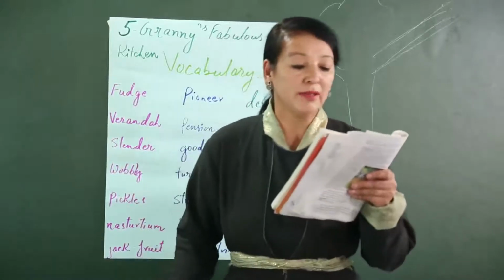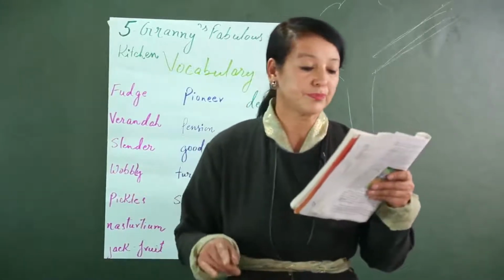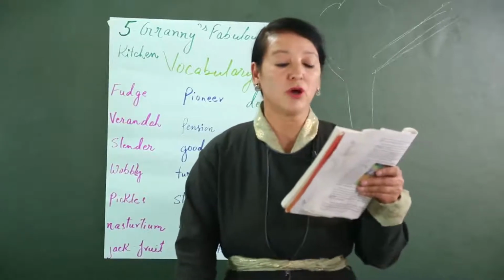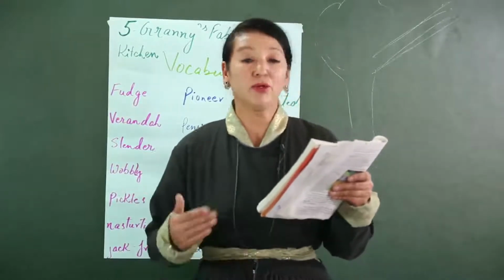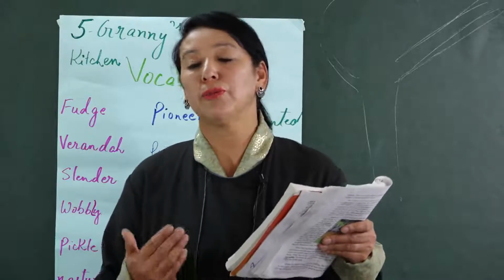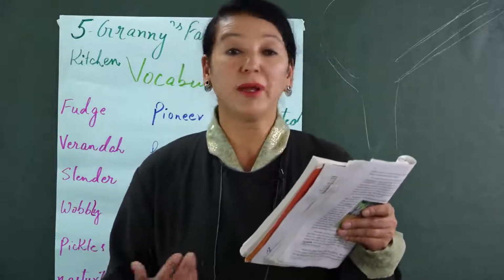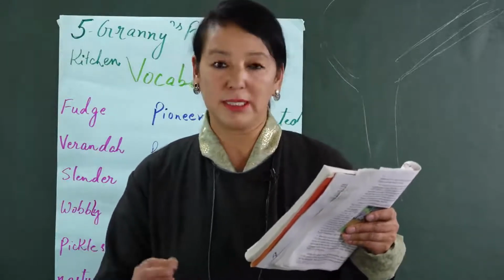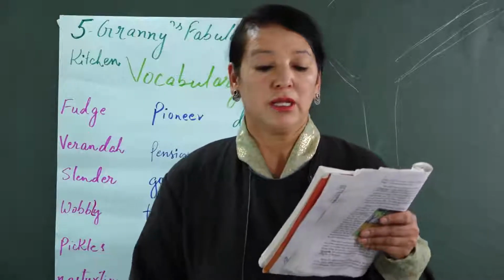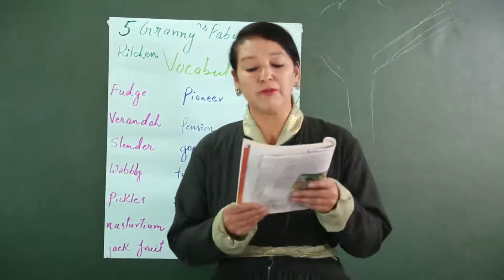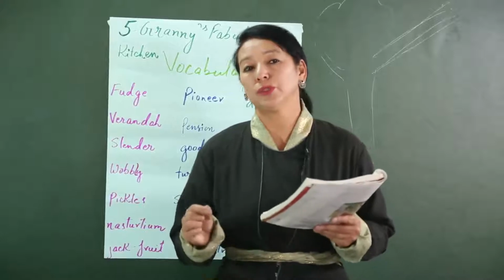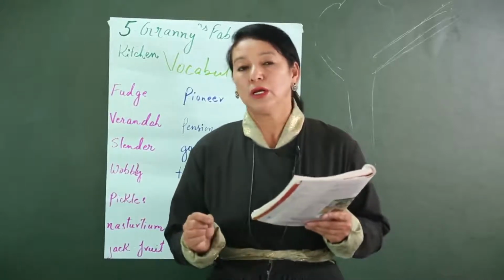And the mango crop brought in a fair amount almost every year. From the mango crop they are getting a little amount of money every year. And there was a small pension from the railway, she was also getting a pension from the railway.